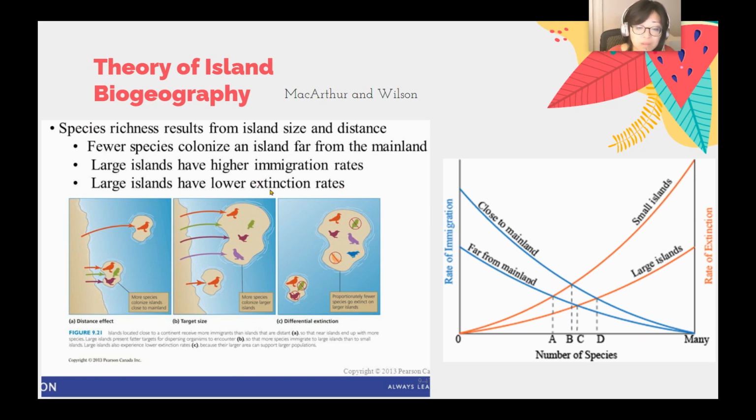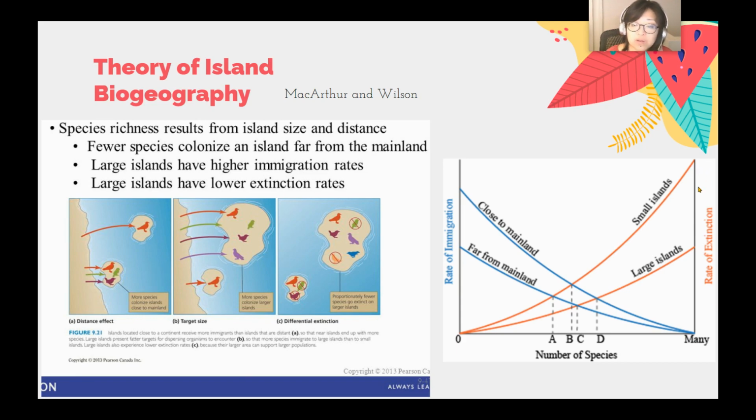Okay. So they summarize it in this graph, which I find a little confusing, but you should understand what it's trying to say here. On the x-axis, you have the number of species going from few to many. And you have two axes. One represents the rate of immigration, so colonization rates.